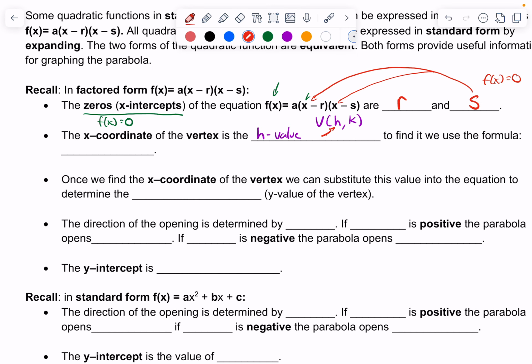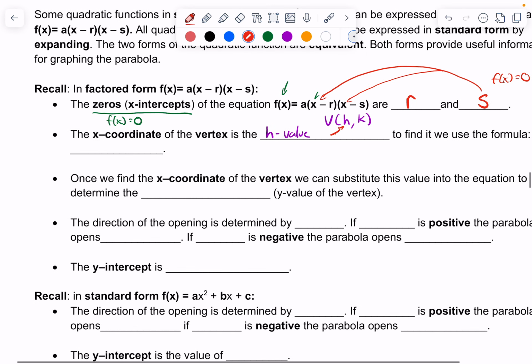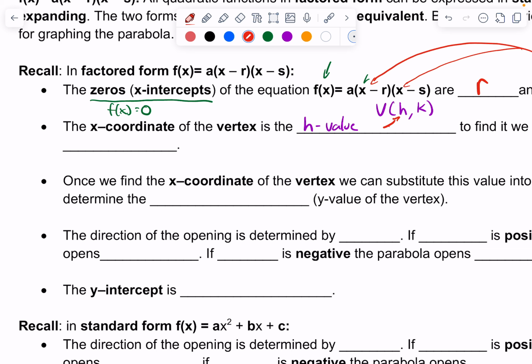And to find it, we can use a formula where we get the average value between our two intercepts. So if we know our two intercepts are r and s, and if we take the average, the halfway distance between those, divided by 2, you would get the value h. You would find the x-coordinate of your vertex.